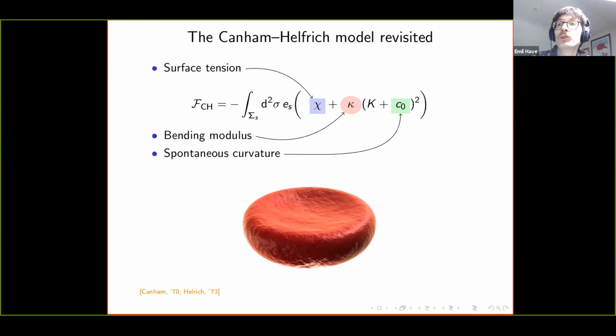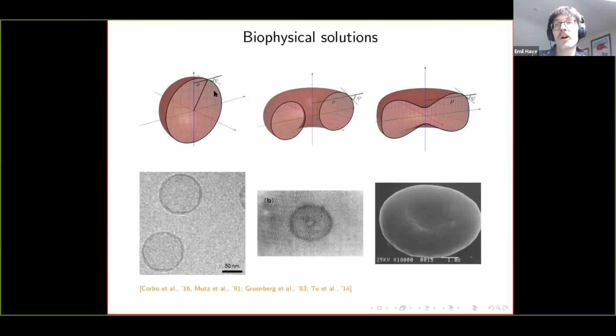Some of the interesting solutions to this model include the so-called spherical vesicles. These are just S2s, and they are realized in nature, in biological systems, as for example liposomes that turn out to be important for the delivery of drugs. Another interesting class of solutions are the two-torus, which were only observed in 91.